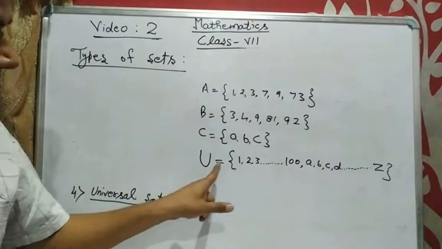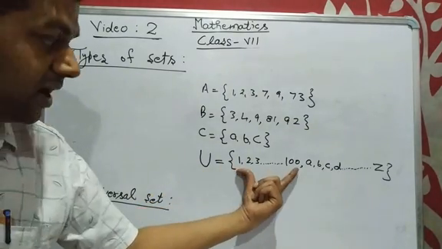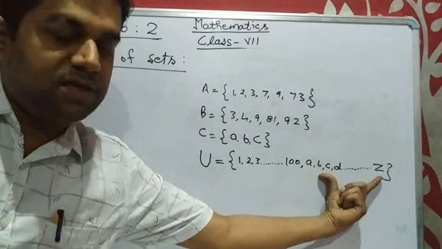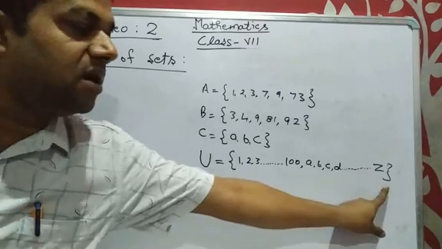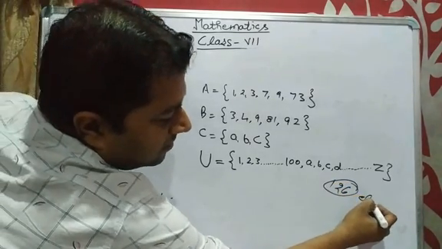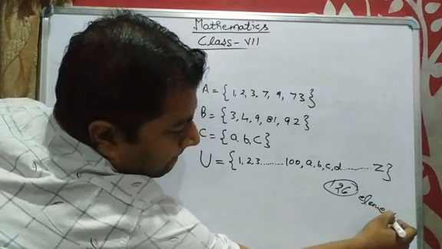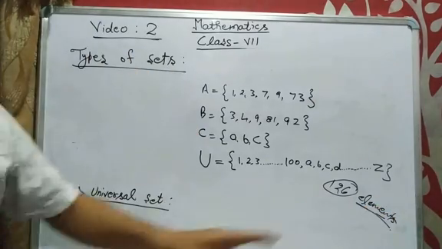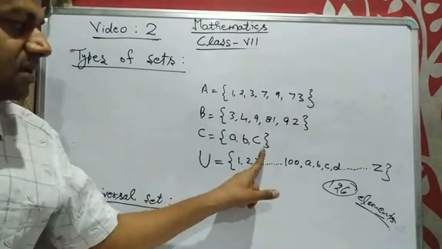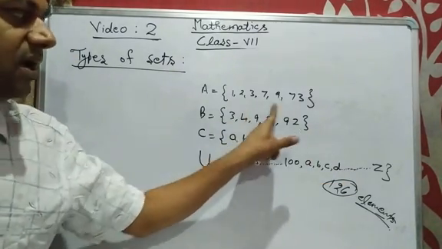In the universal set, 1 to 100 means 100 elements, and A to Z total 26 elements. So that means from here to there total 126 elements. And out of these 126 elements, we are getting this, this, and this.